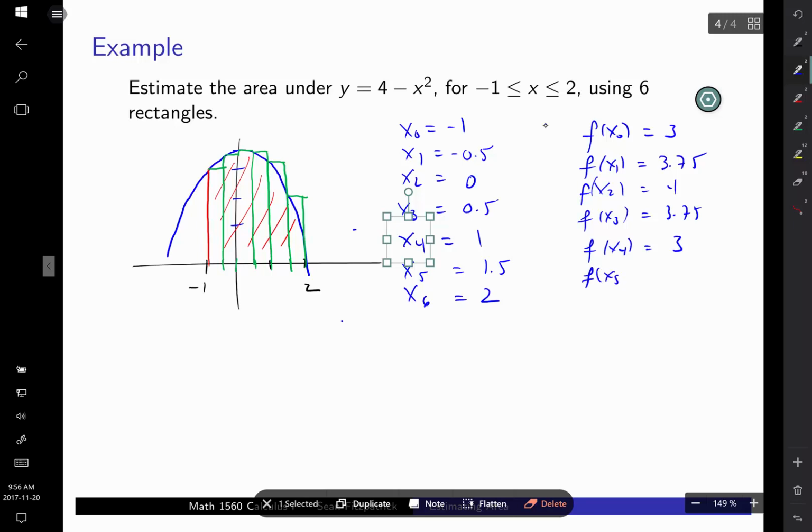F at x5 is 1.75. F at x6 is 0. Those give me the heights of my rectangles, and then I multiply each of them by the width of the rectangle. The width of each rectangle is 0.5. I add all those up, and that's going to give me the approximation for the area.